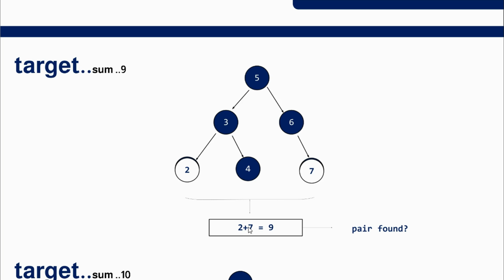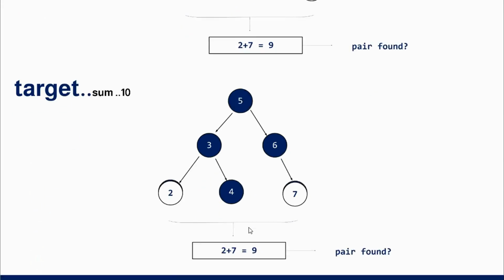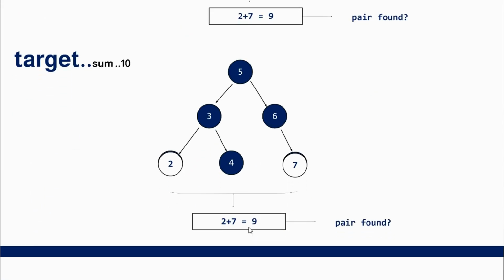Consider one more example where you are given a target sum 10 and this binary search tree. Let's check whether any two-node pair is available where the target sum is 10. Let's start with two pointers, smallest element and greatest element. So smallest element 2, greatest element 7.